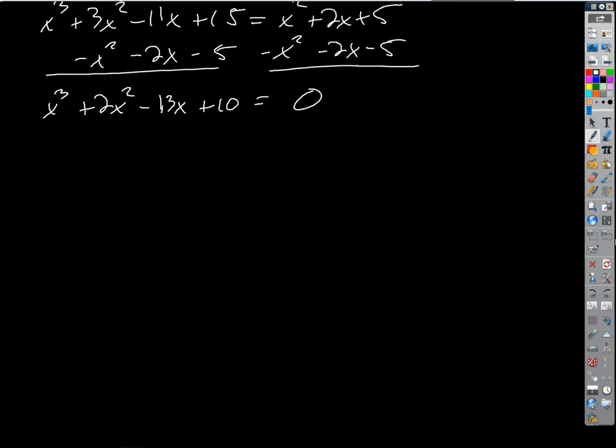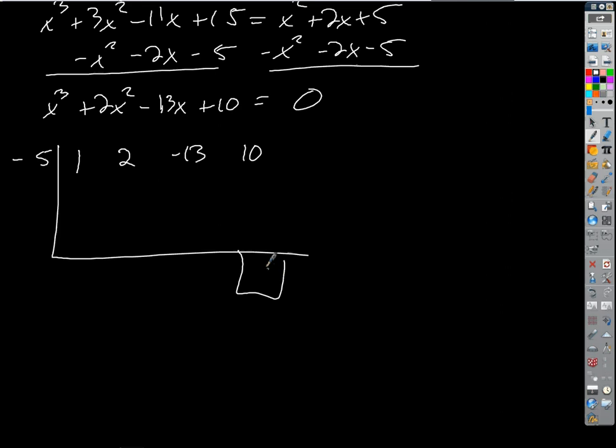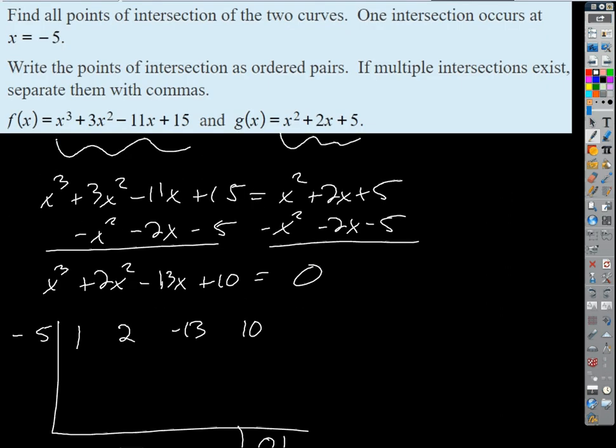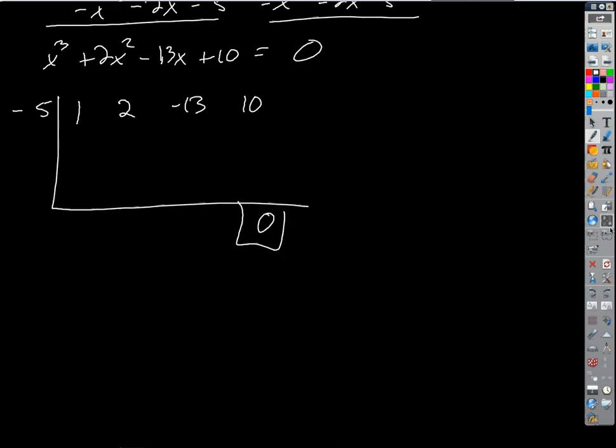So here the coefficients are just going to be what? 1, 2, -13, 10, and out front I'm putting -5. And what has to go there, we know already. 0. Yeah, we have to get 0 there, don't we? Right? Because it tells us that we do. That's a solution. So then all we need to do is synthetically figure out what the other stuff is. I get 1. 5. -5.